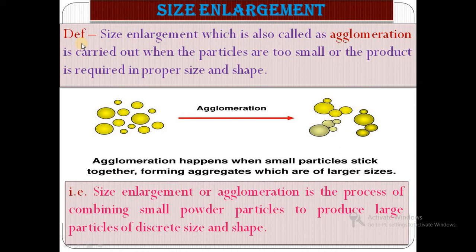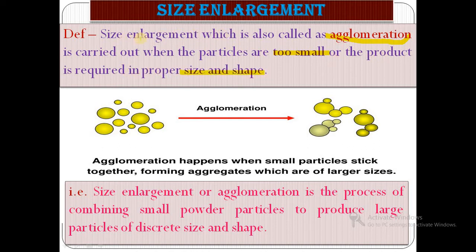First we see the definition of size enlargement, which is the reverse phenomenon of the size reduction technique. Size enlargement, also called agglomeration, is carried out when the particles are too small or the product is required in proper size and shape.